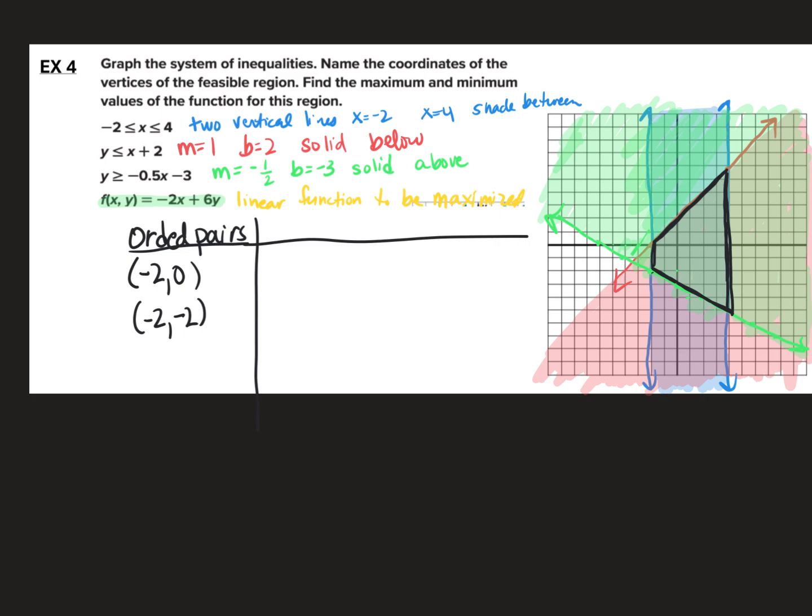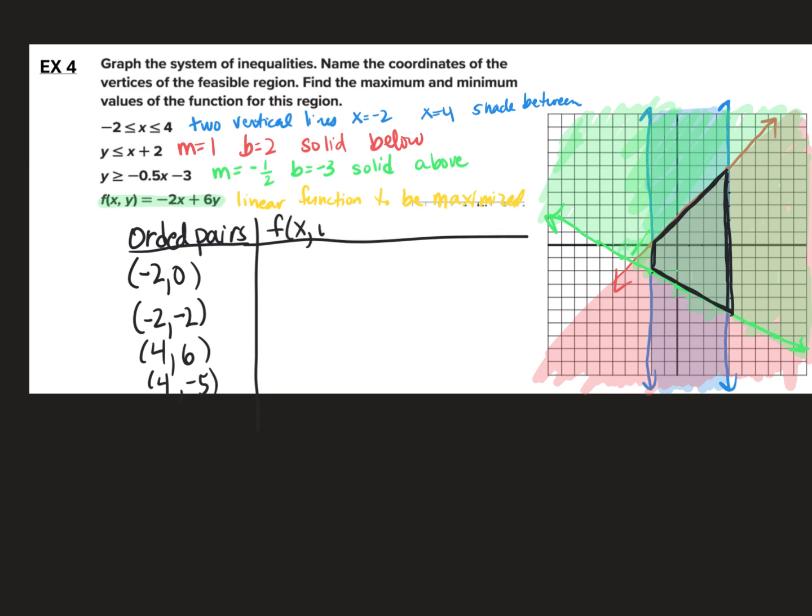From the origin, I'll go right 1, 2, 3, 4, and up 1, 2, 3, 4, 5, 6. So 4, 6. And then I'm going to go to the origin and go right 1, 2, 3, 4, down 1, 2, 3, 4, 5, it looks like. 4, -5.